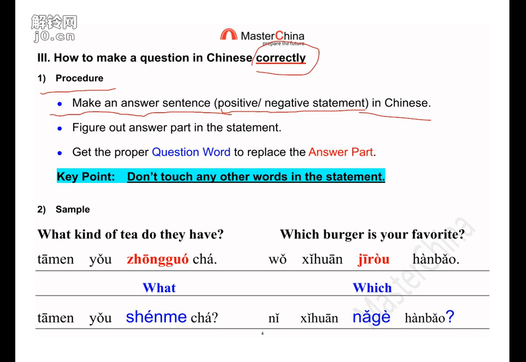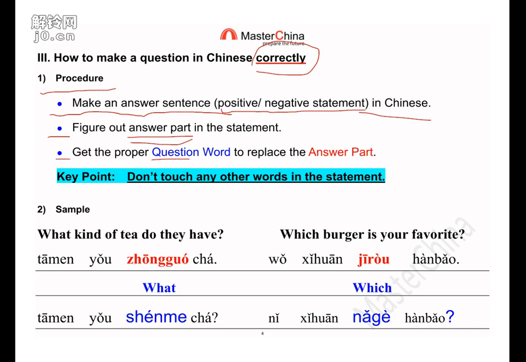Then second, figure out the answer part in the statement. Let's stress, answer part means the precise answer part, not some phrase together. I will show you this idea in the example. Last one, get the proper question word.